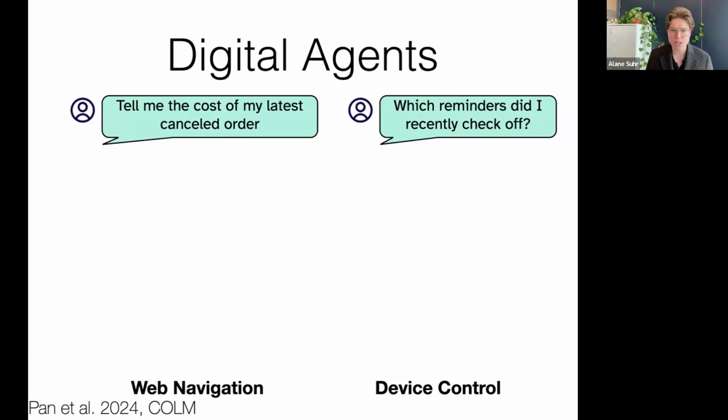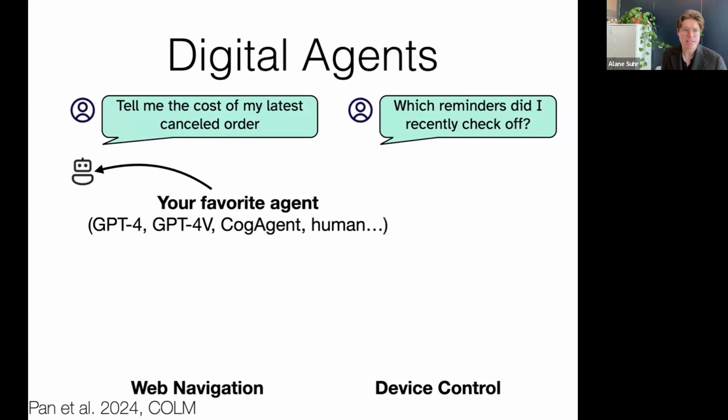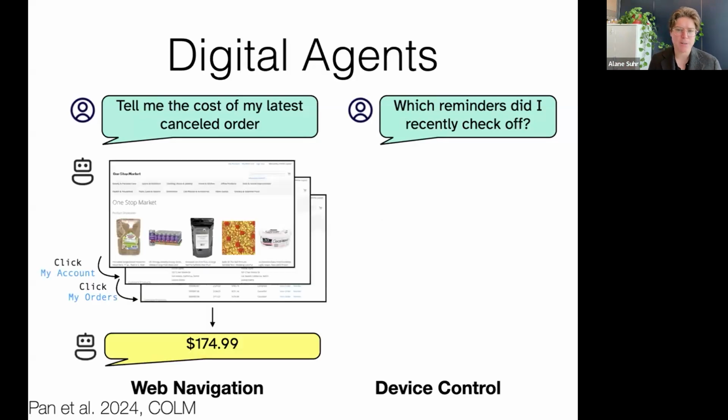Here we're looking at these digital environments, for example, web navigation, where we might issue an instruction, tell me the cost of my latest canceled order, get some kind of language model-based agent like GPT-4 or GPT-4V, or maybe a human to go and execute a couple of actions, for example, clicking on my orders, and then give us an answer here.